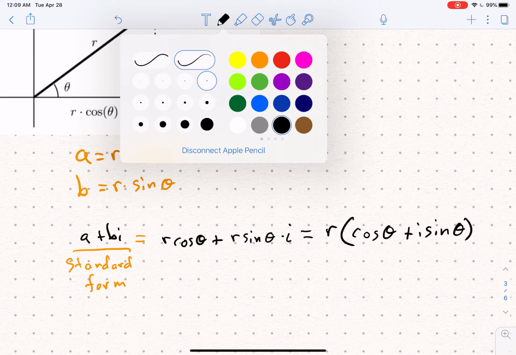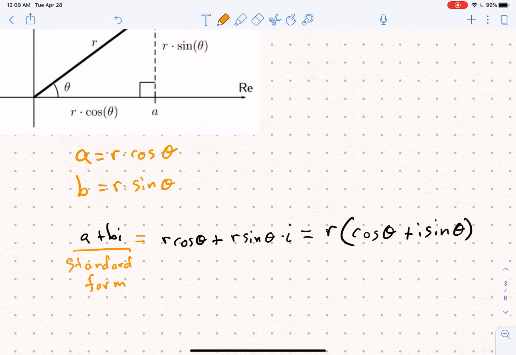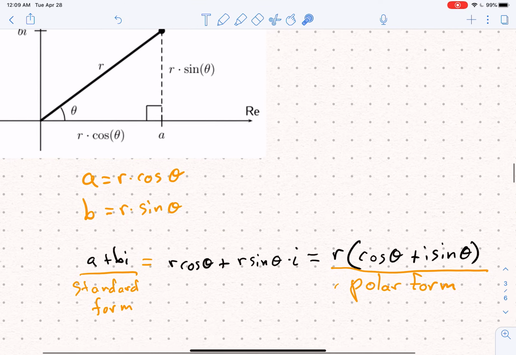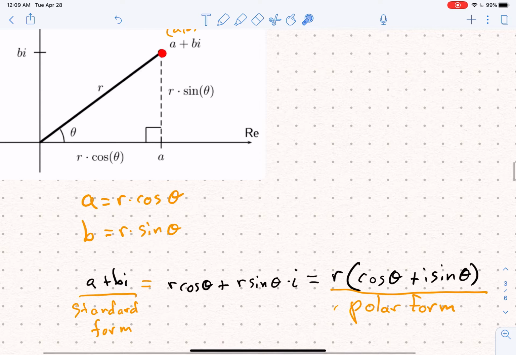And when we take our original complex number in standard form, find r and theta, and then rewrite it in this form, we call this the polar form of that same complex number. So this expression and this expression are talking about the same complex number, the same point in the complex plane.